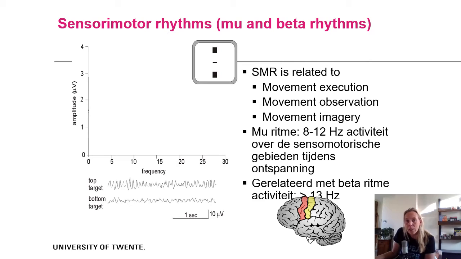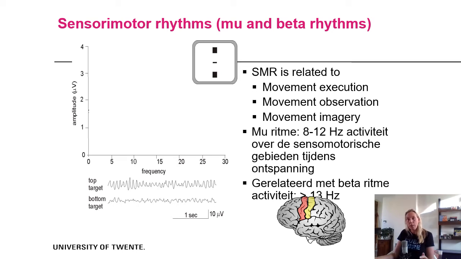And normally when you relax, when you don't do anything, this rhythm has large amplitudes. But when you make a movement, the amplitude becomes smaller. Interestingly, the amplitude also becomes smaller when you think about making a movement or when you observe somebody else making a movement.